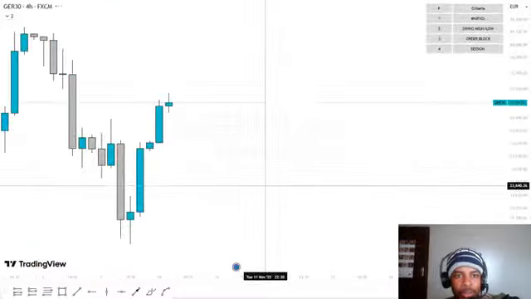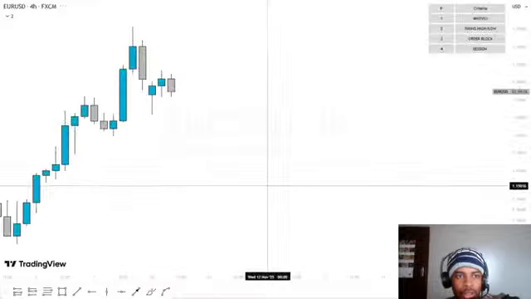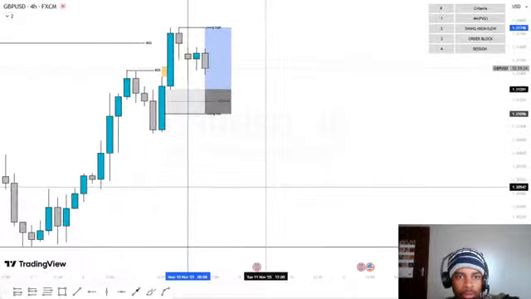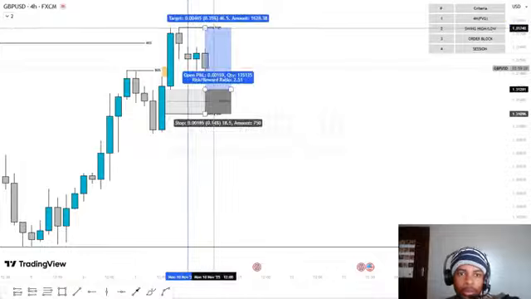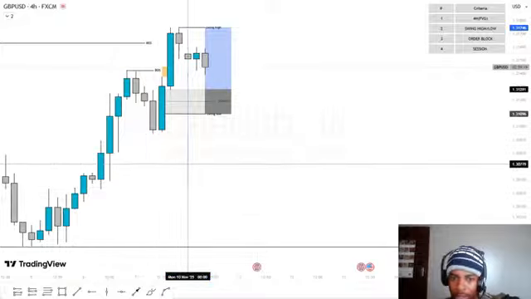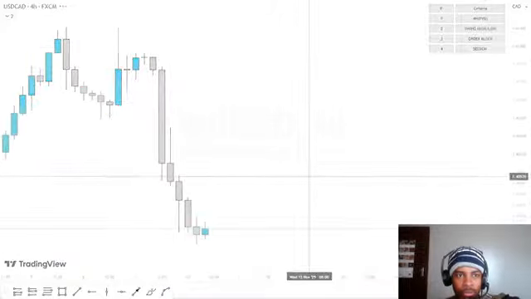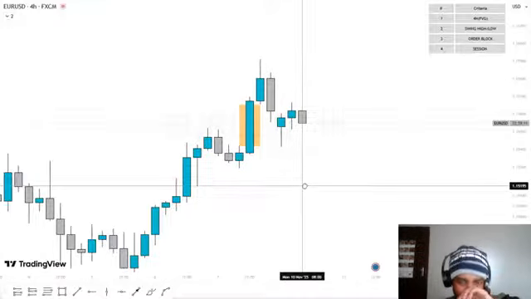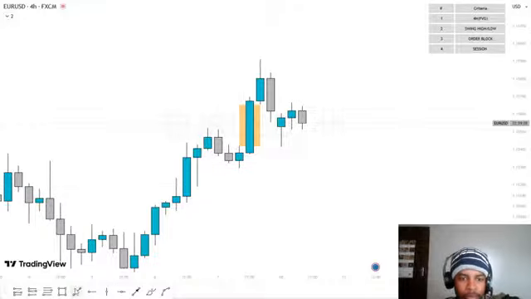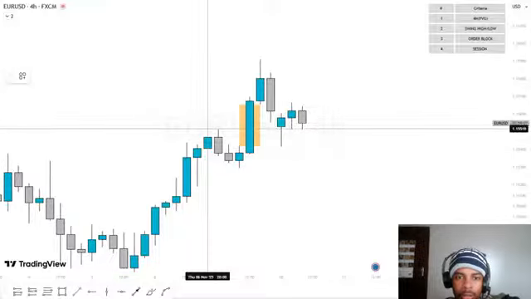With GBPUSD, the setup was fair value gap, demand, take profit here, midnight. So I feel comfortable taking those types of trades. Even this one, let's see how it goes. I can see a break of structure.